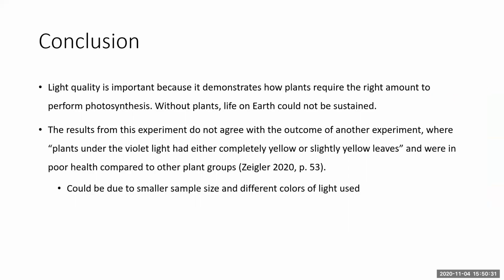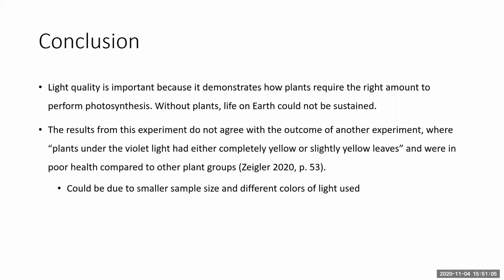So in conclusion, light quality is clearly important for the growth of plants because it demonstrates how plants require the right amount of light to perform photosynthesis. Without plants, life on Earth could not be sustained. The results from this experiment do not agree with the outcome of another experiment where it was observed that plants under the violet light had either completely yellow or slightly yellow leaves and were in poor health compared to the other plant groups.